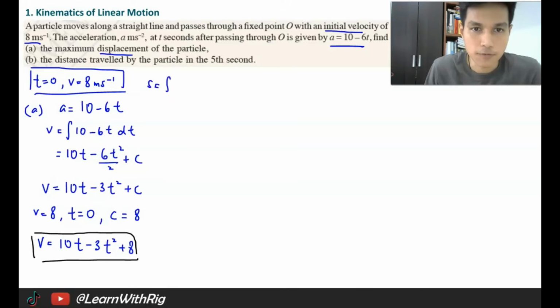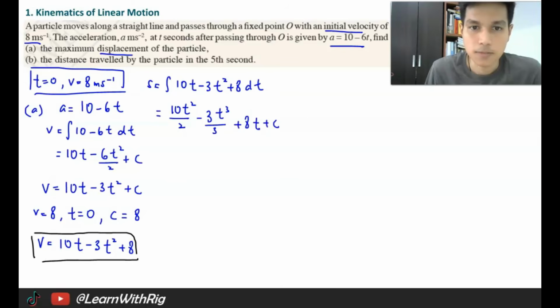Displacement, you have to integrate velocity. So you integrate this, you get 10t square over 2 minus 3t cube over 3 plus 8t plus c. So s equals 5t square minus t cube plus 8t plus c.